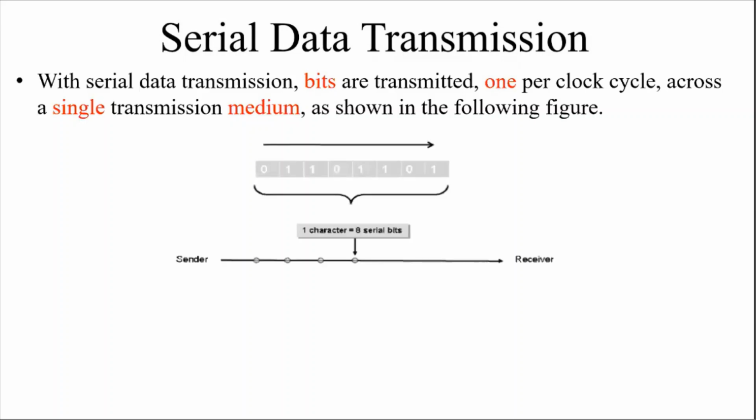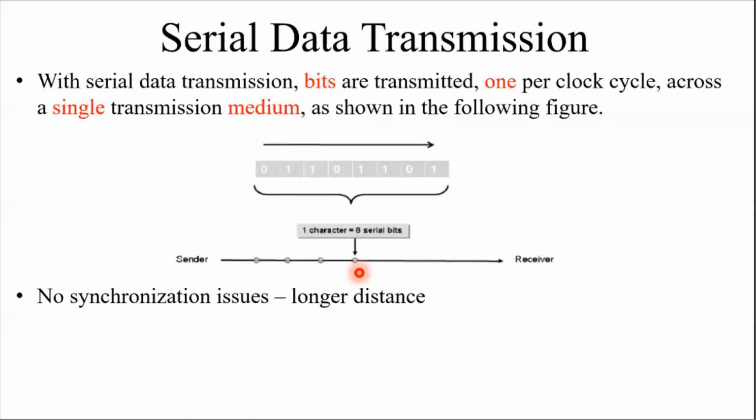So in here, the sender sends its data in terms of bits to the receiver sequentially, one by one. One by one, the bits are transmitted across this single medium or wire or cable.